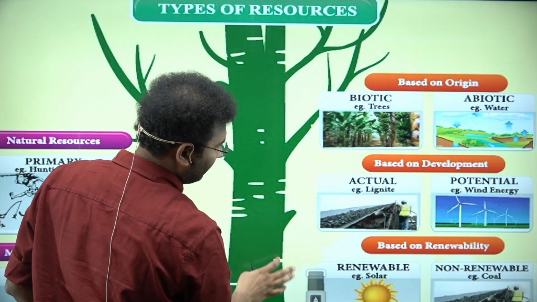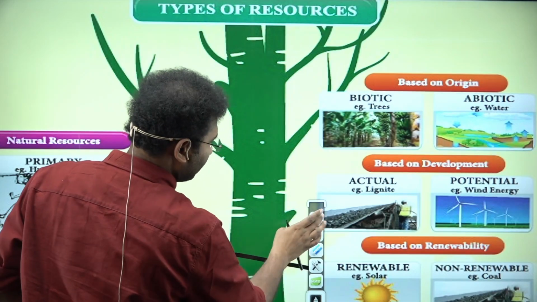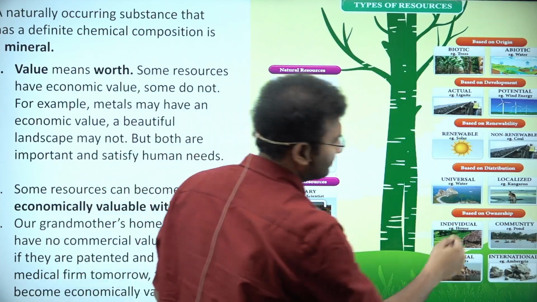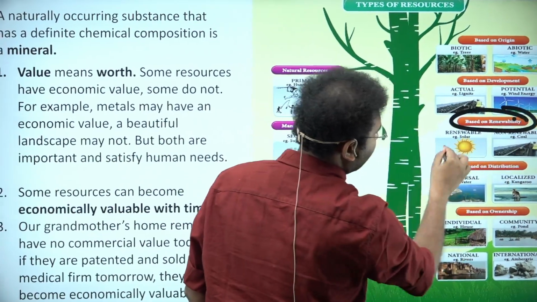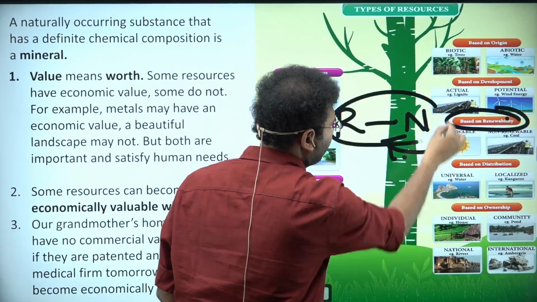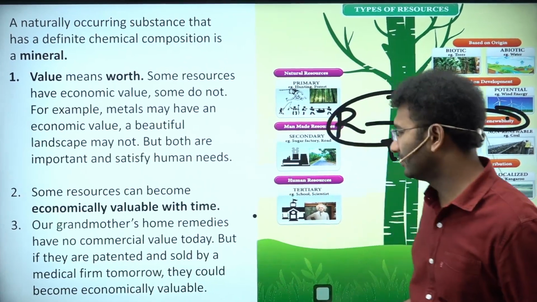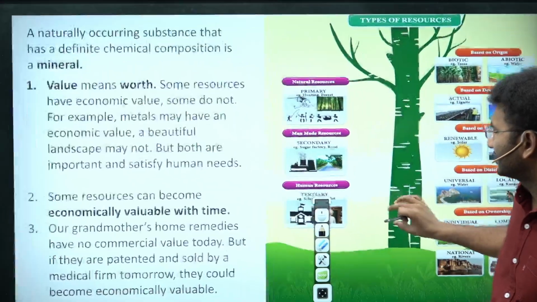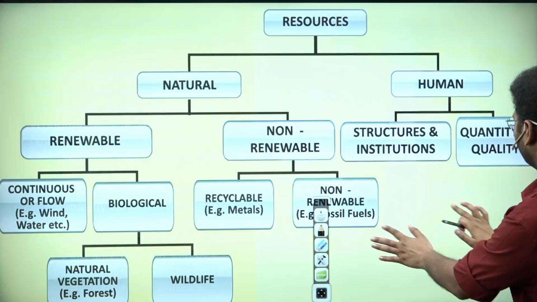Now come to the basis of renewability. Based on renewability, one is renewable, other is non-renewable. When it comes to renewable and non-renewable, it is like this. Just a minute, let me show it to you.